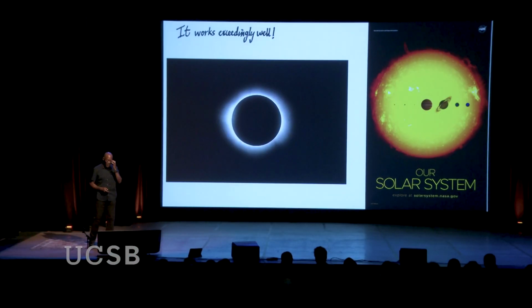Famously, you might remember there was an eclipse not so long ago. Why am I bringing up an eclipse? An eclipse is useful because one of the things general relativity predicts also is that light itself gets bent by gravity. And you can calculate just how much, and test it by predicting how much a distant star would be slightly off the position it's supposed to be if there was a massive object in front, like the sun.